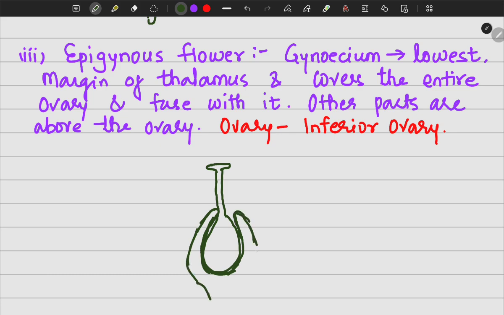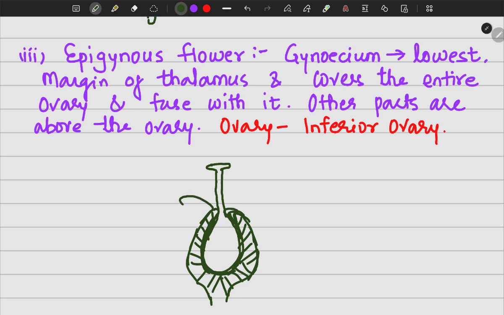This is the margin of the thalamus which has grown and covered the entire ovary. This is the margin. This is the whole thalamus. It has covered the entire ovary and it has fused with the ovary, while the other parts are developed superior to the ovary or at the higher position as compared to that of ovary.